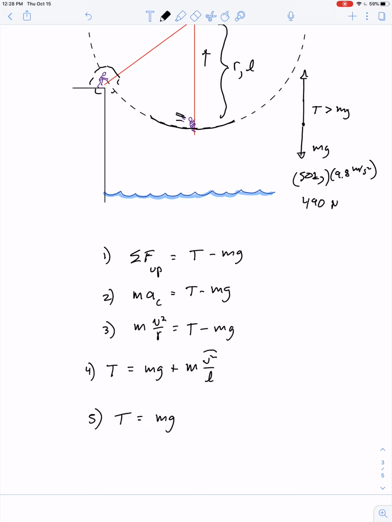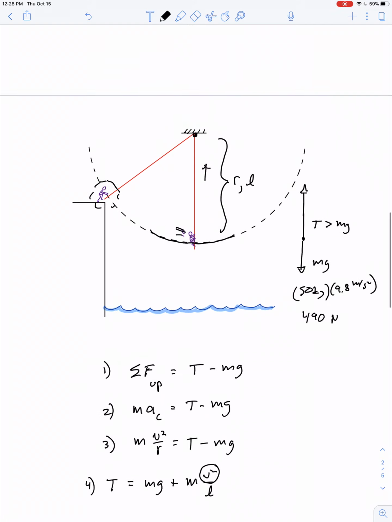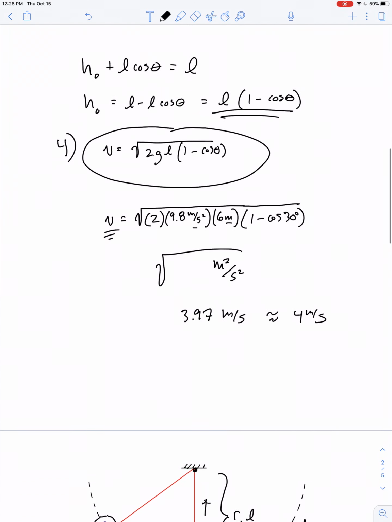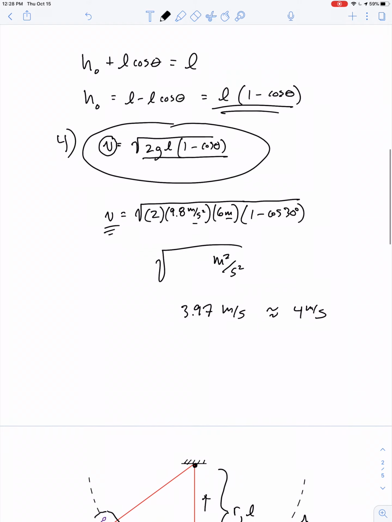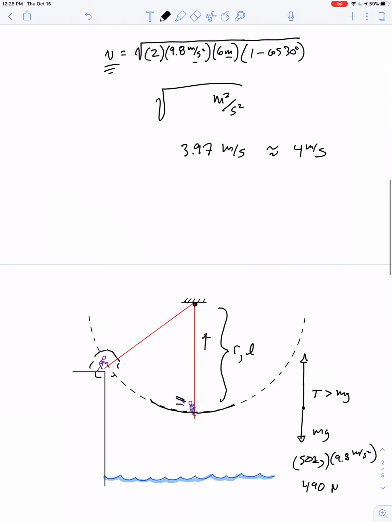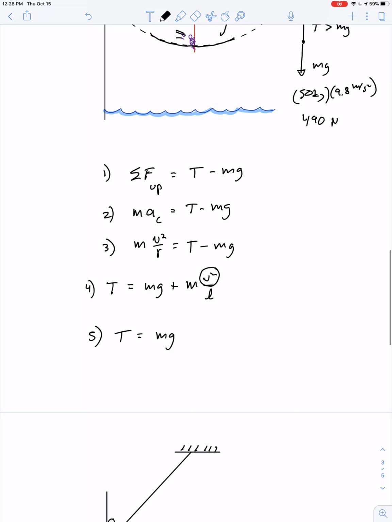We can substitute something for v squared. After all, we solved for v in our previous work. So v squared would be everything under the radical sign, 2gL times the quantity 1 minus cosine theta. I guess I could write square root and then square all of that, but no point in that, right?